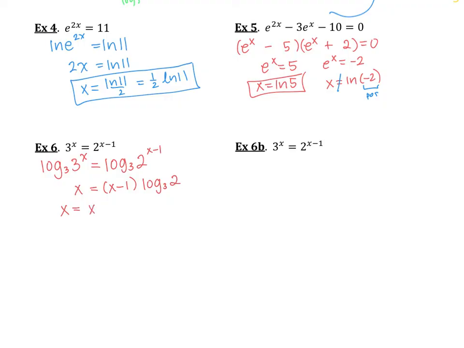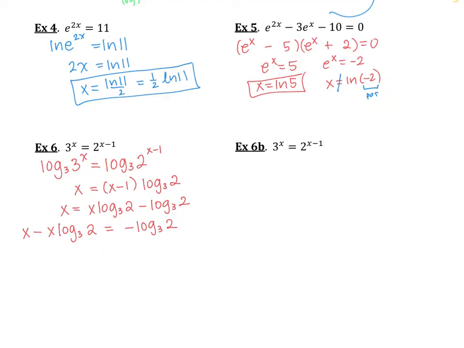So that's x times log base 3 of 2 minus 1 times log base 3 of 2. I already have an x over here, so I'm going to subtract the x log base 3 of 2 to the left side. And I'll still have the negative log base 3 of 2 on the right side.